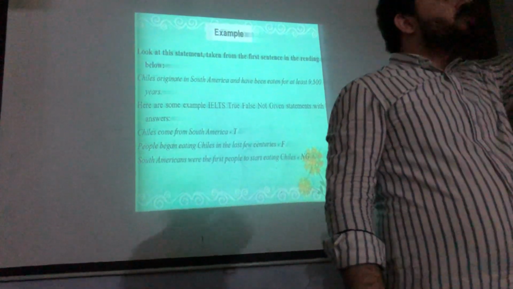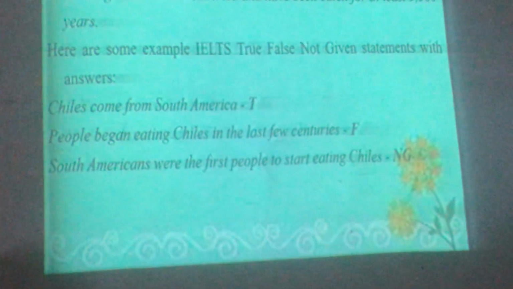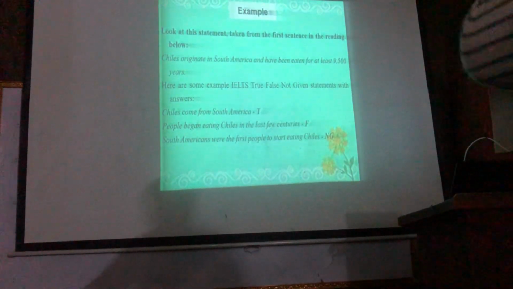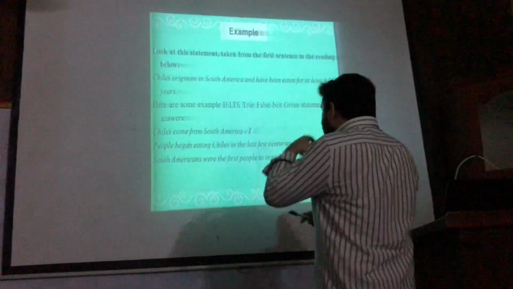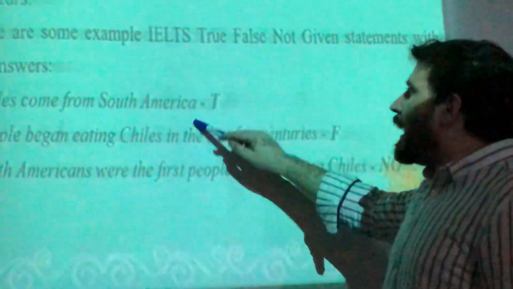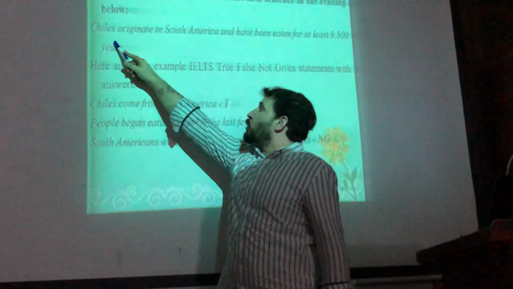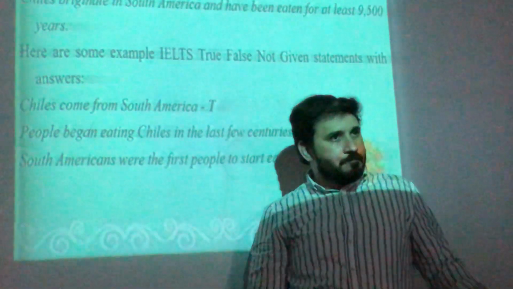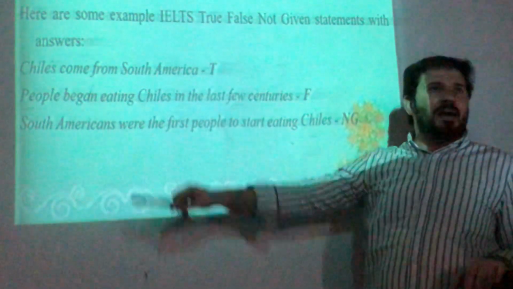They will not use the same words; they will say originate, introduce, or begin. Is this clear? So they have used come from. Chilies come from South America. So this is true. Why? Because clearly the statement says chilies originate in South America. It's very clear, and I can write down true for this answer.